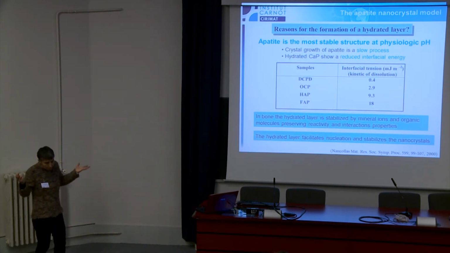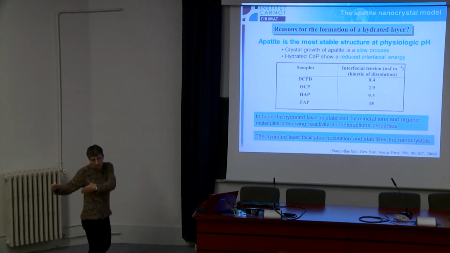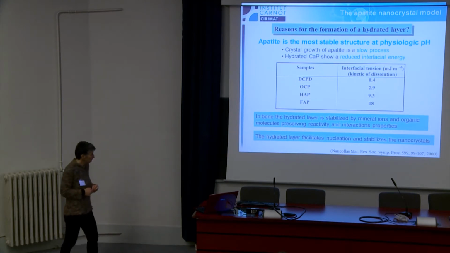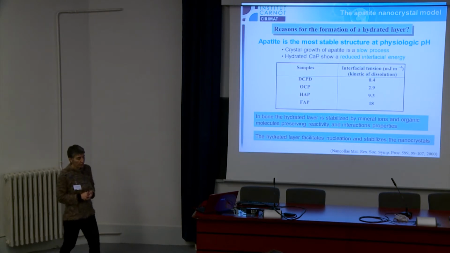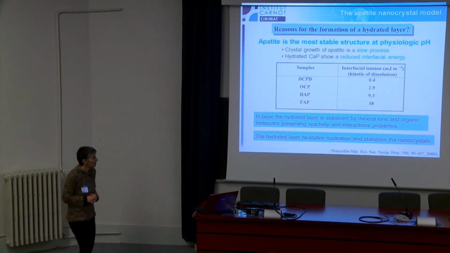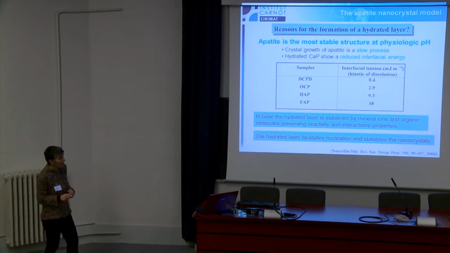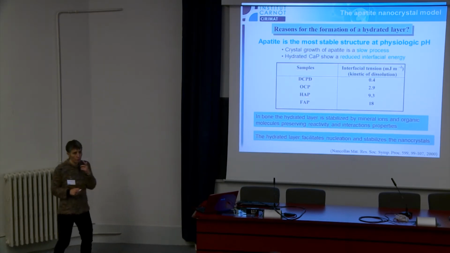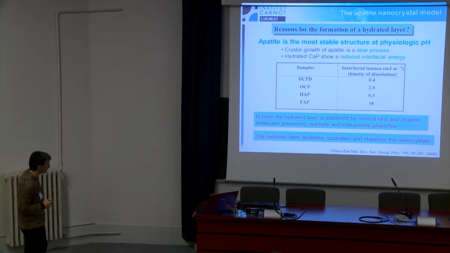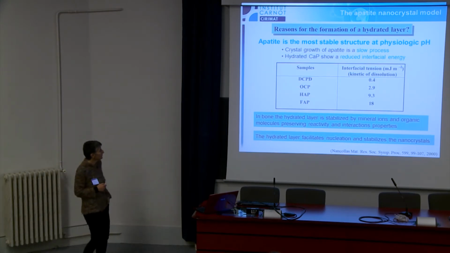So why not think of possible precursor phases of this apatite? If we look at the interfacial tension of OCP or DCPD, which are precursor phases that have been proposed for apatite, we can see that they have a much lower interfacial energy than that of hydroxyapatite or fluoroapatite, which are closer to bone apatite and tooth enamel apatite.